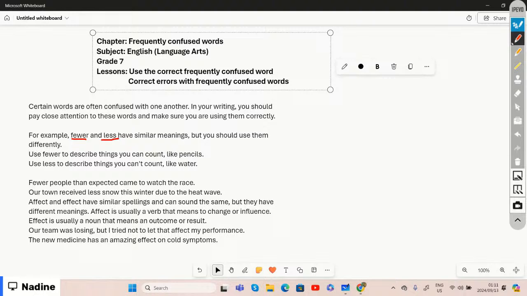Both of those words mean there isn't much, it's little. So fewer and less have similar meanings, but you need to use them differently. You cannot use them in the same context.